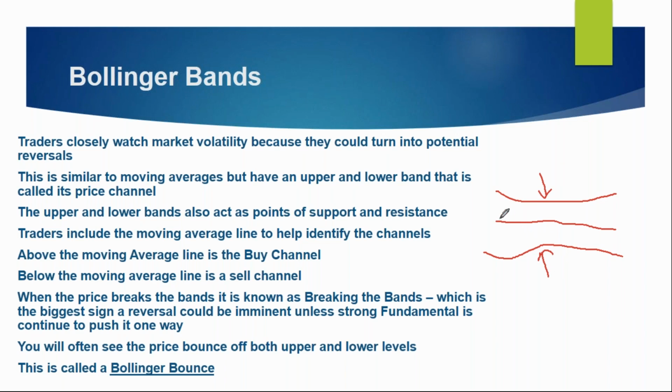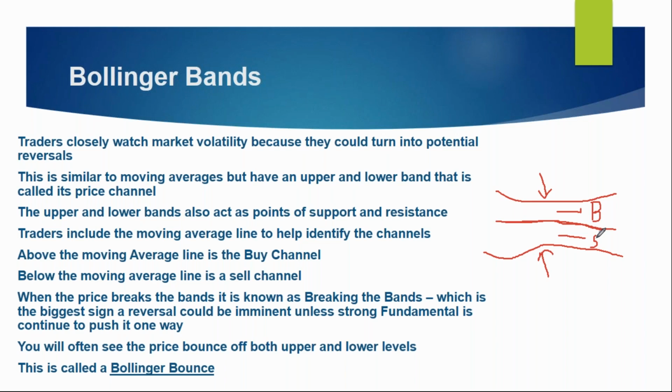And then we've obviously got our moving average line that goes through the middle. This area here is called your buy channel, and this area here is called your sell channel. You've probably heard me talk about these quite a lot. So your buy channel at the top and your sell channel at the bottom.